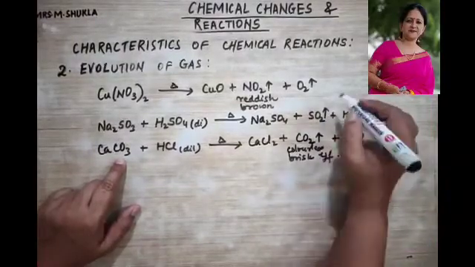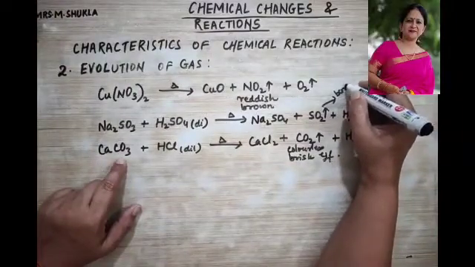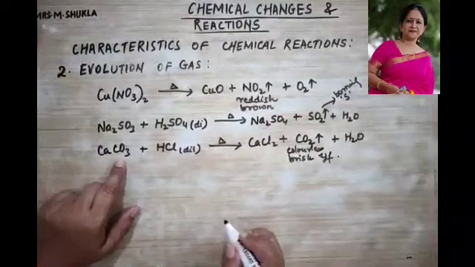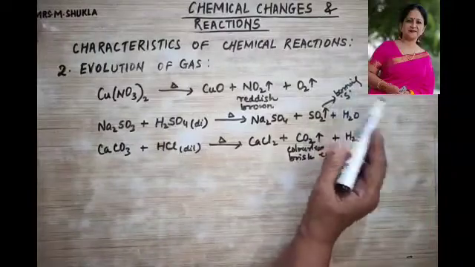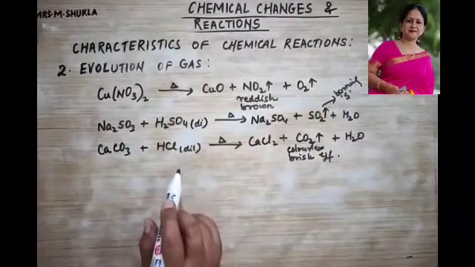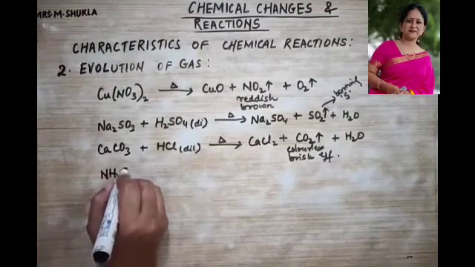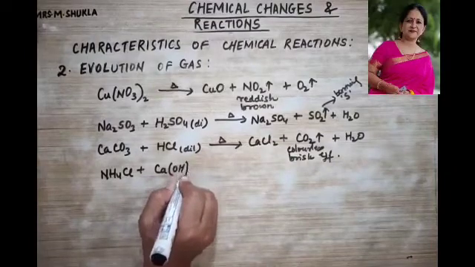With sulfur dioxide, it smells like burning sulfur. How can we identify the sulfur dioxide gas? By smelling the burning sulfur. Another example you can take like NH4Cl when treated with calcium hydroxide.